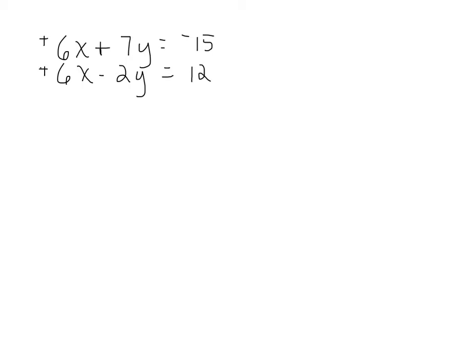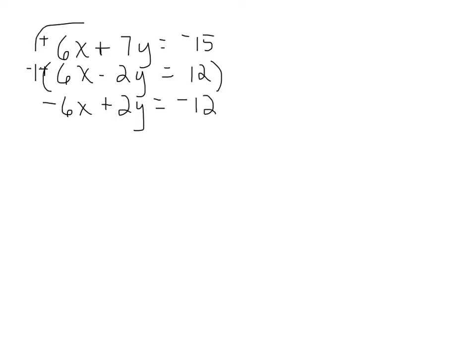However, we've been doing equation work for a long time. We know that if we multiply this whole thing by negative 1, we're allowed to do that because we're doing it to all of the terms. And that gives negative 6x plus 2y is equal to negative 12.